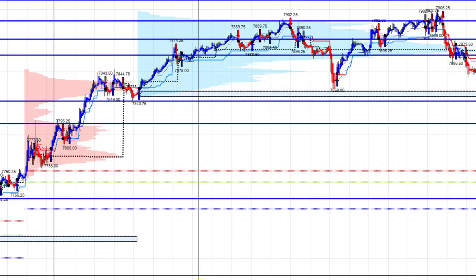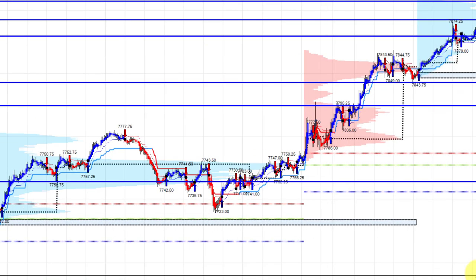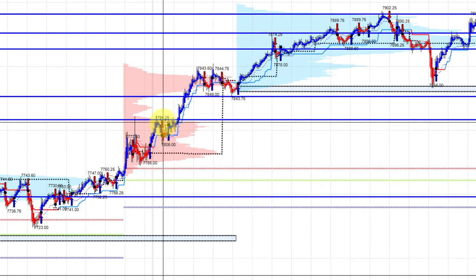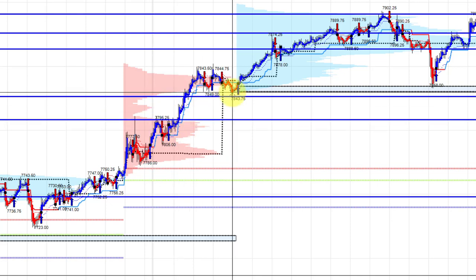As I scroll through these charts, you can see how price reacted to some of these levels. Like here in the night session, this level was resistance, it broke through resistance, then it became support.